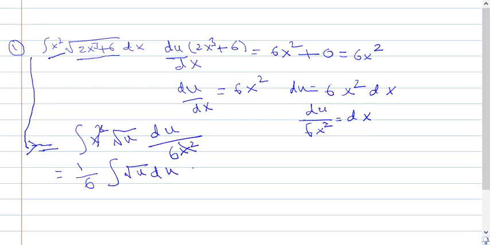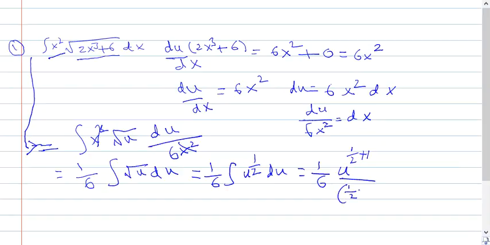And notice that square root of u, you could always write it as u to the power of half. So if you take this as u to the power of half du, this becomes a fairly straightforward formula for integration, you should know this by now.